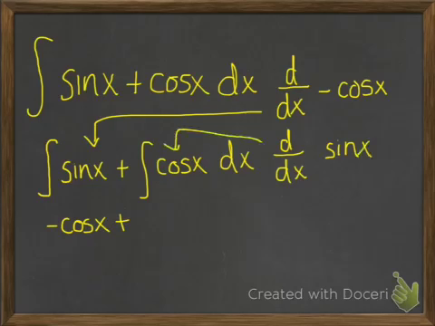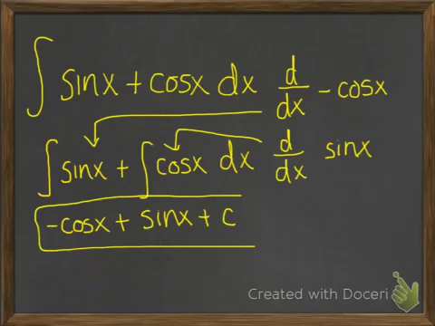So we have plus sine of x. And we can't forget the constant, so plus c, and that's our answer. The antiderivative of sine of x plus cosine x is negative cosine x plus sine x plus a constant.